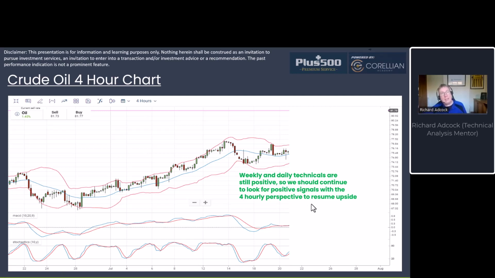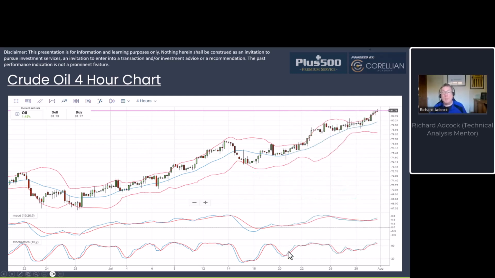And while the daily and weekly perspectives are still positive, there's no reason to go against that trend. So we're always looking for the 4-hourly view to re-establish the upside momentum, and momentum turning up with the MACD above zero gives us a fresh impetus to the upside.